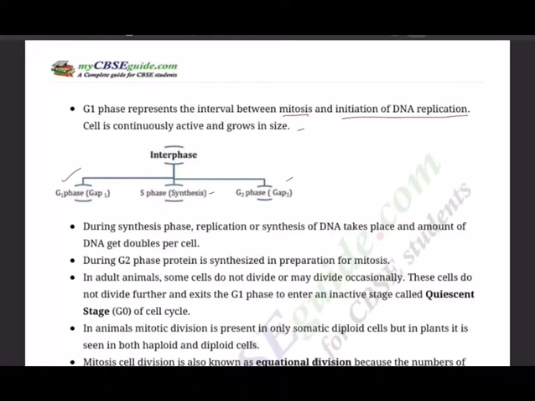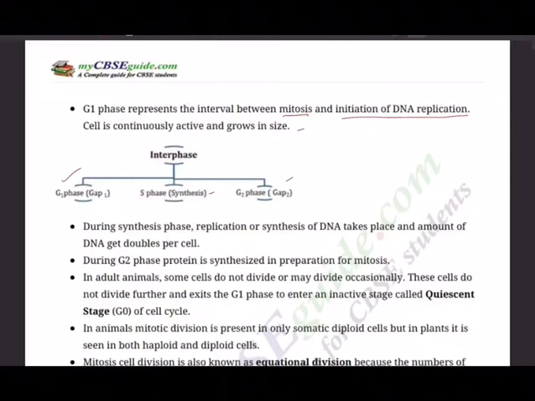Let us talk about the G1 phase. It is a state of initial growth of the newly formed cell, in which the cell carries on active metabolic activities in preparation for DNA replication.